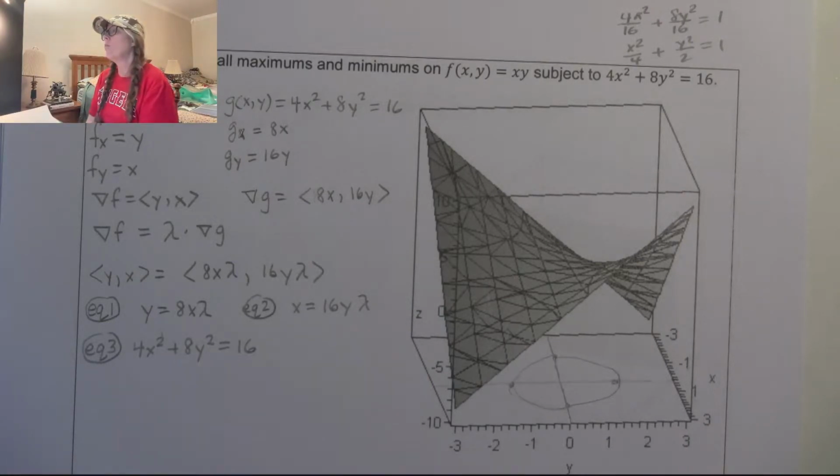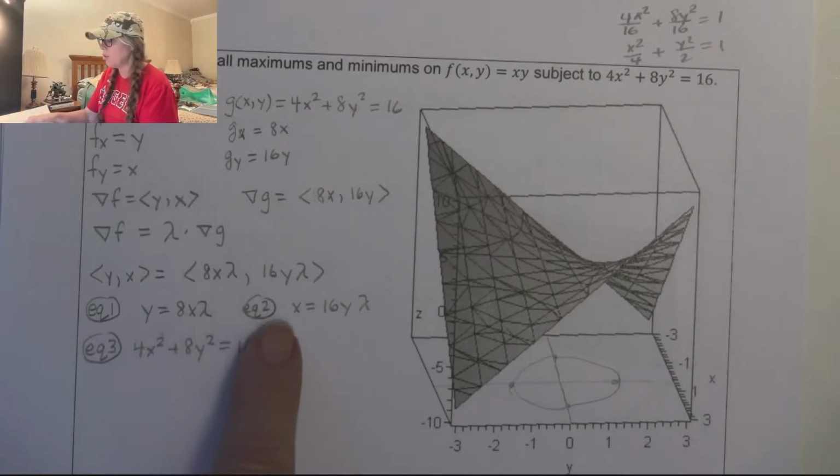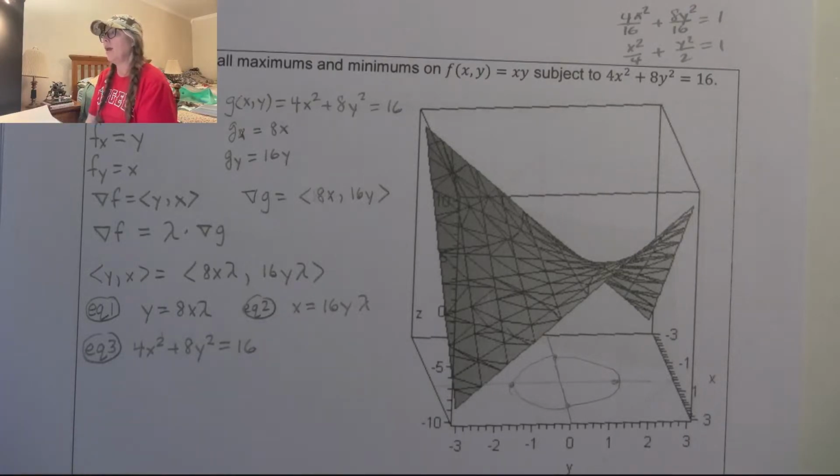So my thought on how to solve it was to take equation 1 and equation 2 and solve them both for lambda, and then see what I had. And sometimes I have to tell you that I've done things that didn't pan out, didn't help me out at all.